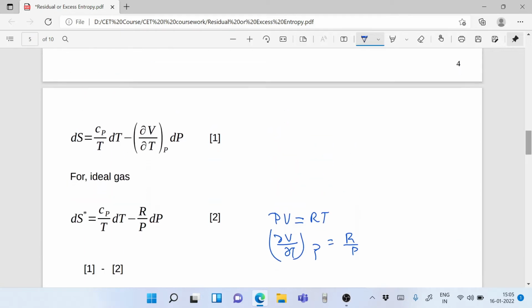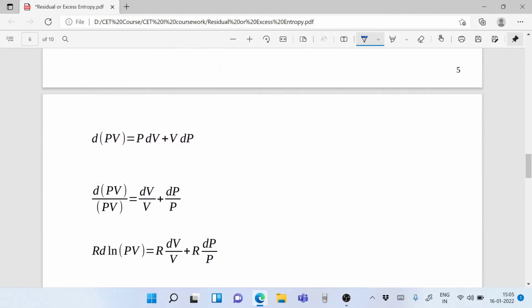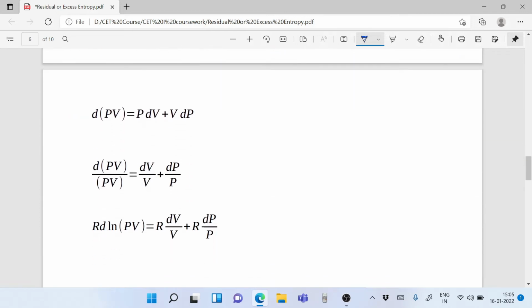Now what we do is we take the difference of equation number 1 and equation number 2, but before that, let us look into one more thing. Now d(PV) = PdV + VdP. This is at constant temperature.